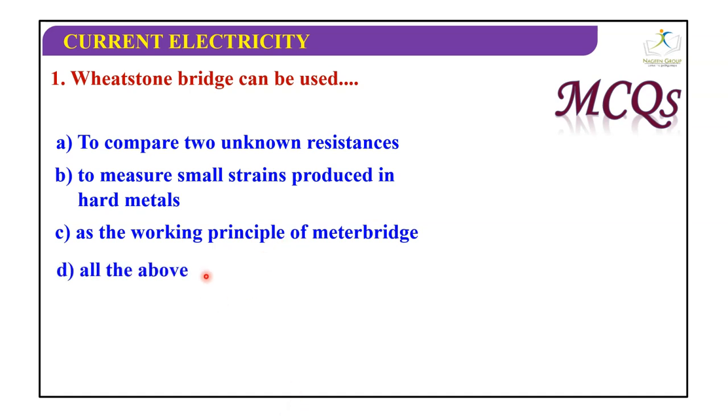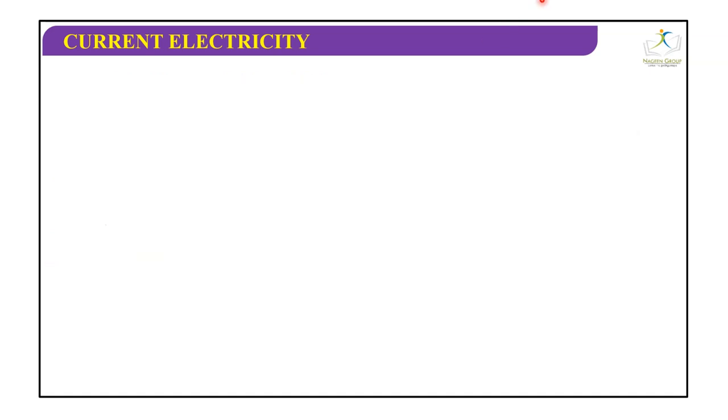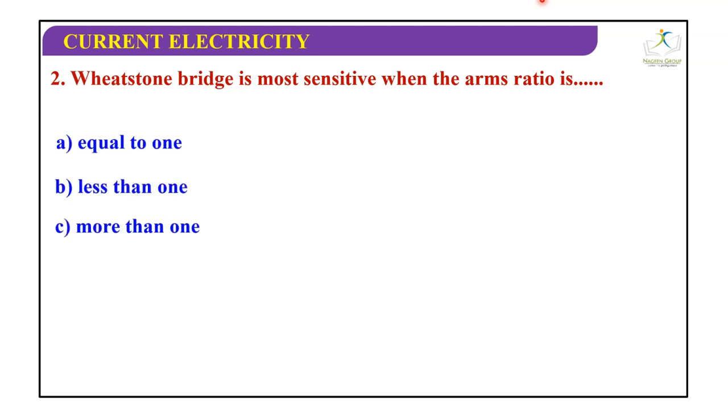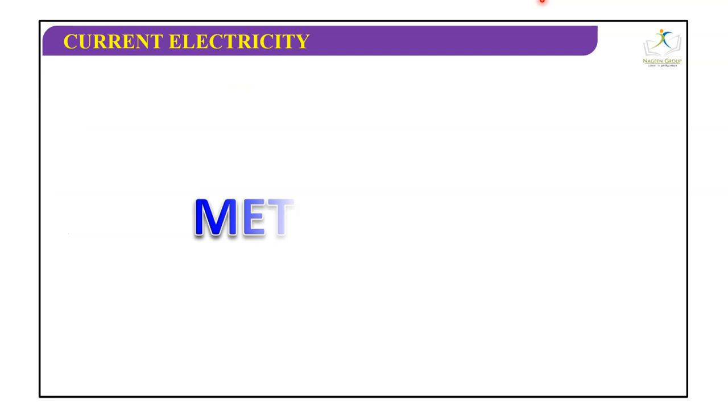The correct answer for this question is all of the above. Next question: Wheatstone bridge is the most sensitive when the arm ratio is equal to 1, less than 1, more than 1, or 0. The correct answer is equal to 1. At that time, the Wheatstone bridge is the most sensitive.